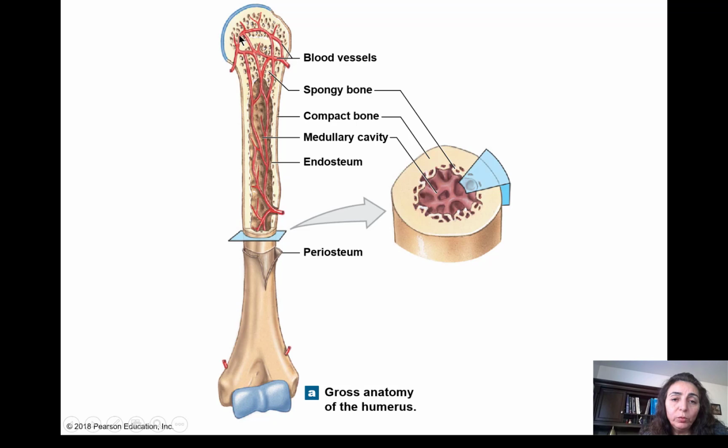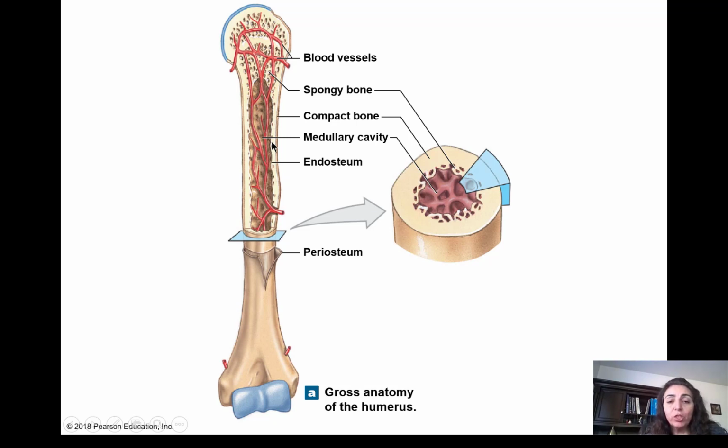Then you see the spongy bone here, that is called trabecular bone. You have it in this upper part, that we call the epiphysis of the long bone, and also the lining inside of this medullary cavity, which is lined by one layer of spongy bone too.